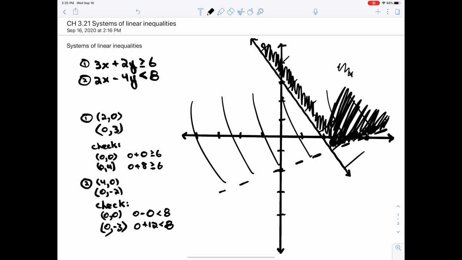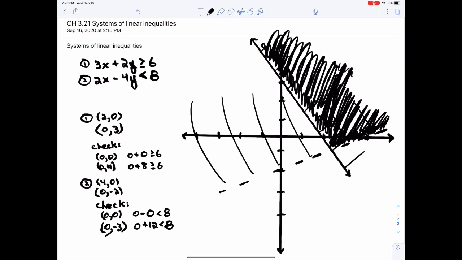I mean, make it painfully obvious to me. And what you're telling me is all those points will make both of the inequalities true.